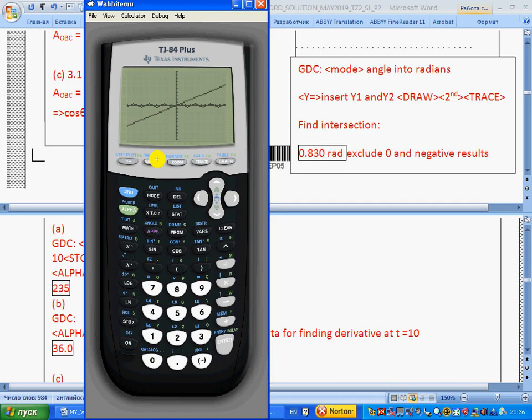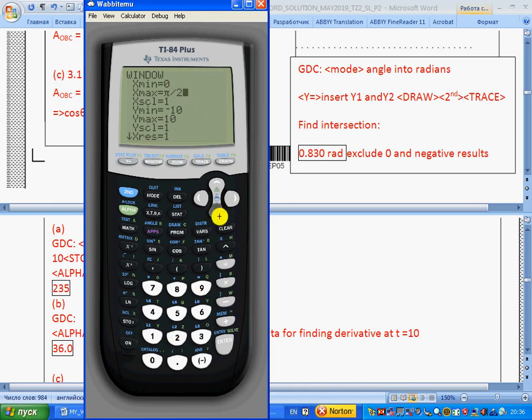Finished. Now I go to Windows. I know that x is from 0 to pi over 2, pi divided by 2.